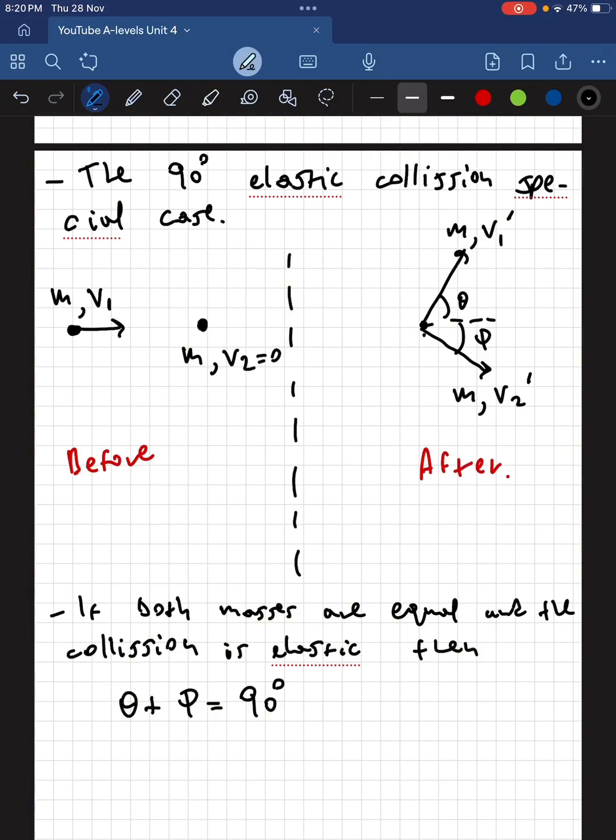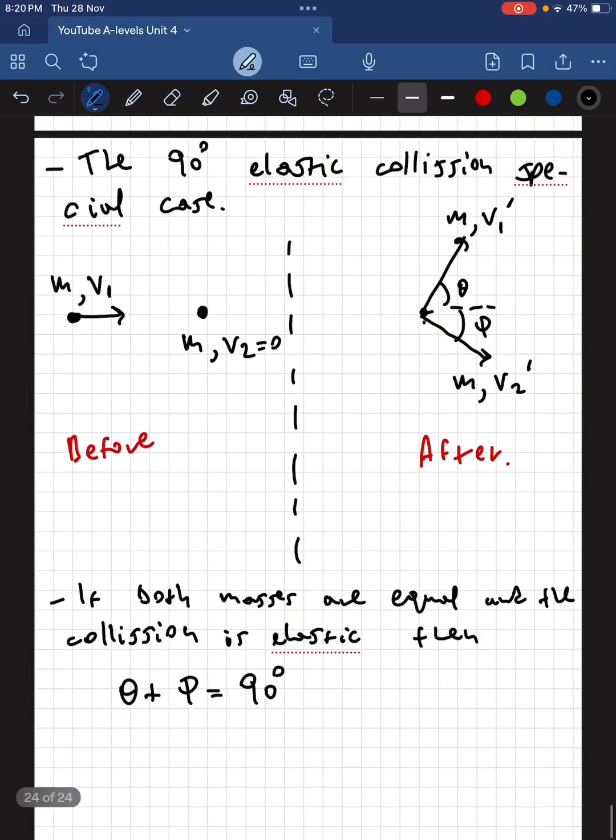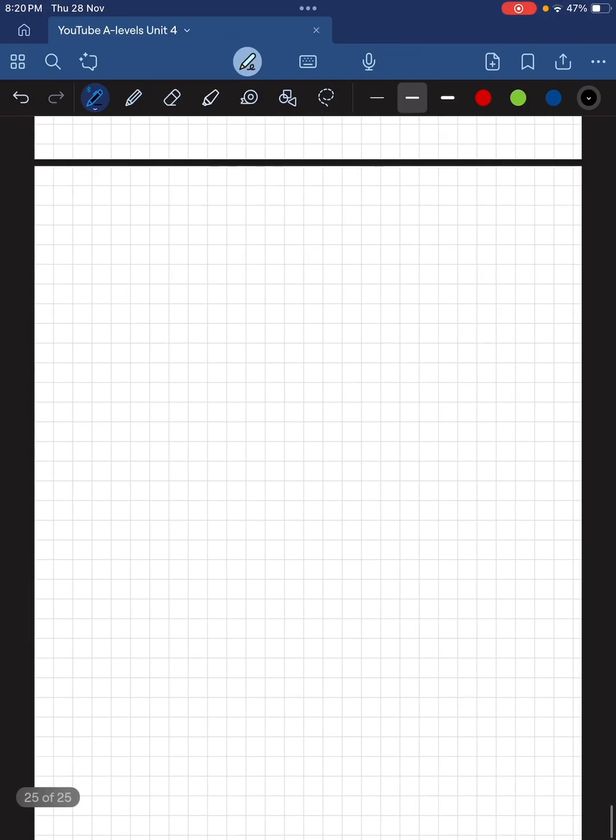Okay, so if both masses are the same and they collide, then they move at 90 degrees. They make an angle of 90 degrees between them after the collision. So let's see the proof, actually. So I'm going to provide the proof.